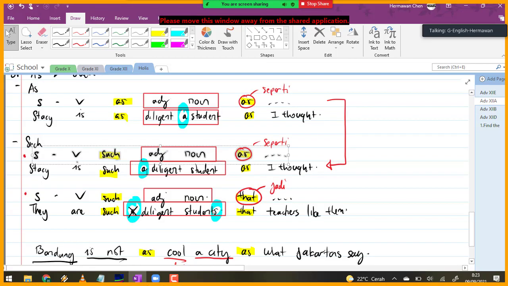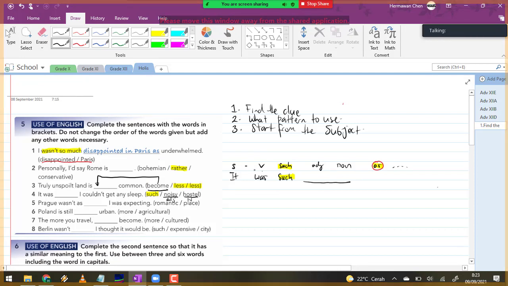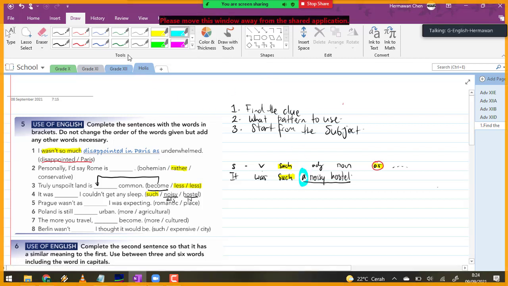If the noun is singular, you have to use article a before the adjective. Look at the example here. Such a diligent student. A diligent student. For this one, it becomes such a noisy hostel. Don't forget to put the article a before the adjective. If you forget, you are wrong.